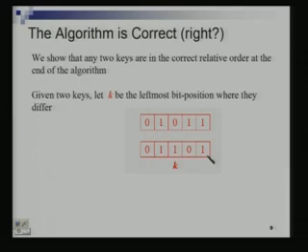It's a very simple proof. Suppose these are the 2 keys that were given to me. Let me look at the leftmost position at which they differ. They do not differ at this place, they do not differ at this place either, but they differ at this place. Let me call this position k.